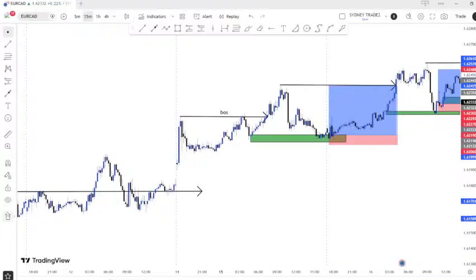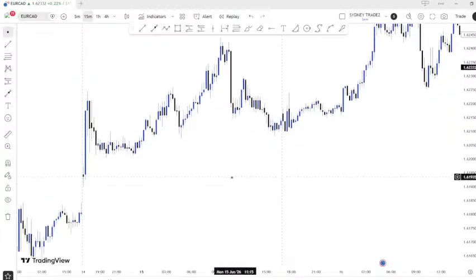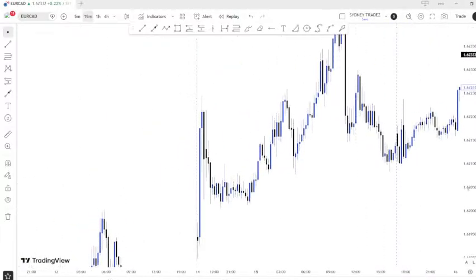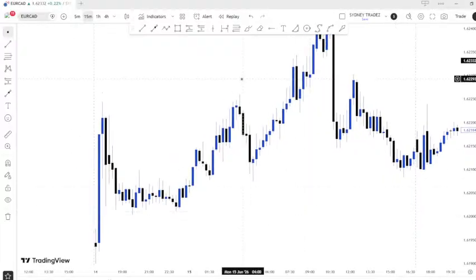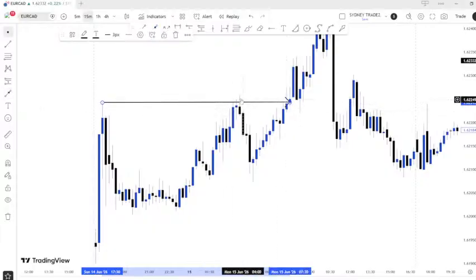We first clear all this, and we can start clearly, and I show you how you can take very nice smart money concept trades. We came and realized that right here on this level, price failed to break structure.